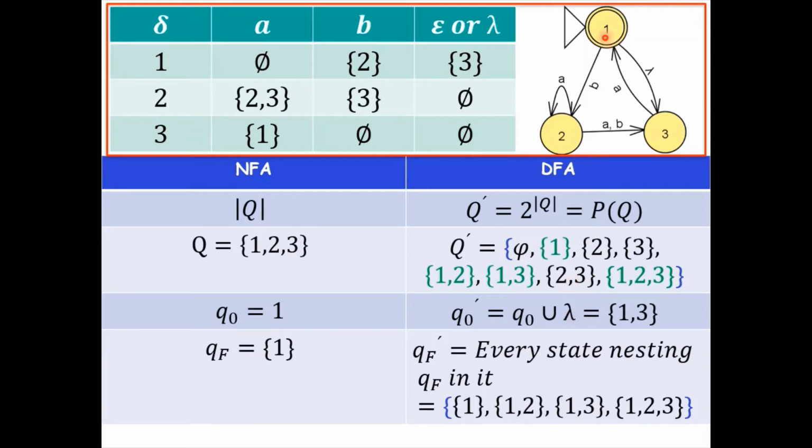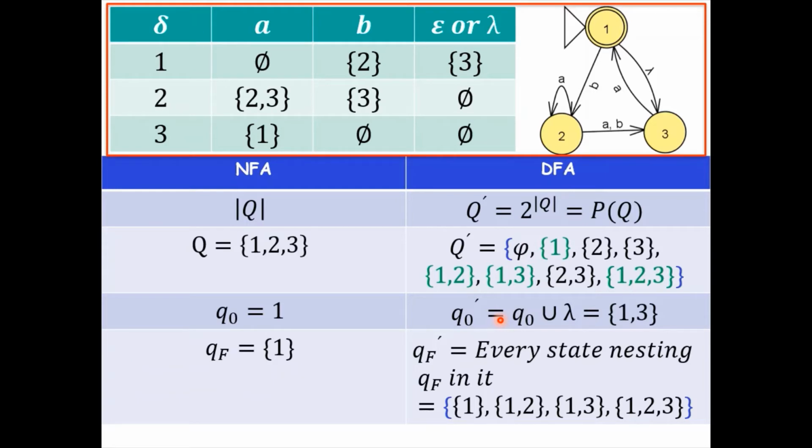As in our case, the provided NFA has the initial state 1, and the lambda reachable state from the initial state is state 3. So the combination of both of these states, that is state 1 and 3, would be the initial state of our DFA. If in the NFA there is no lambda transition from the initial state, then the initial state of NFA and DFA would be the same. But this is not the case here.